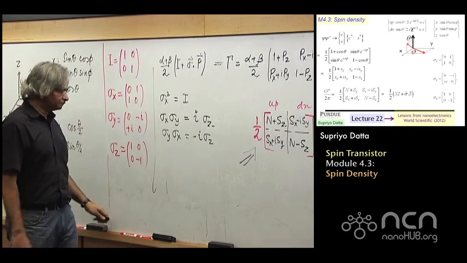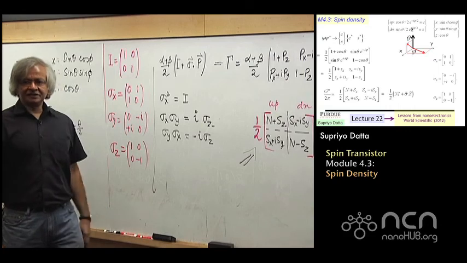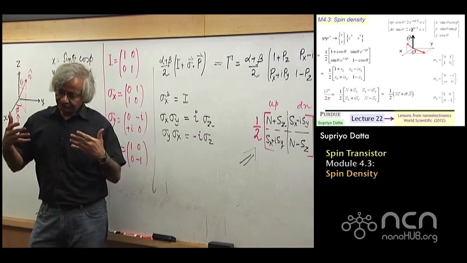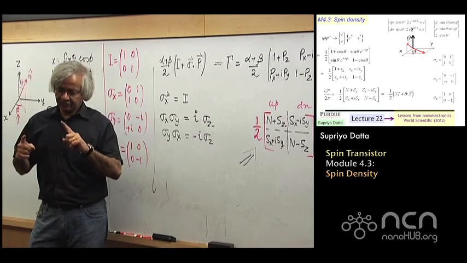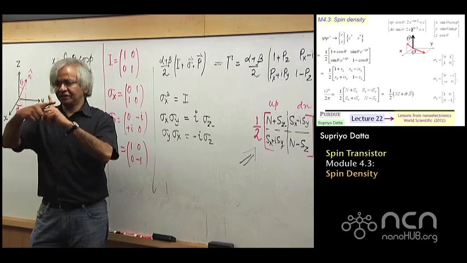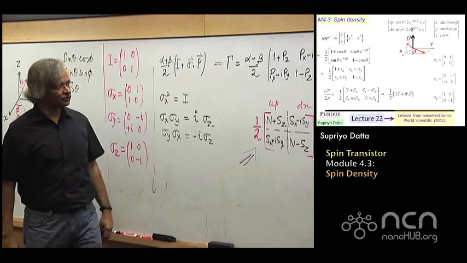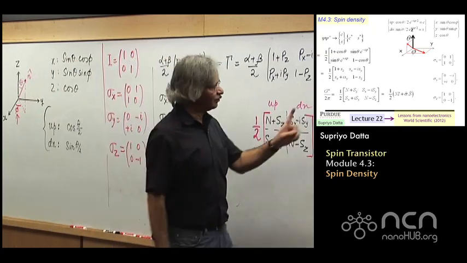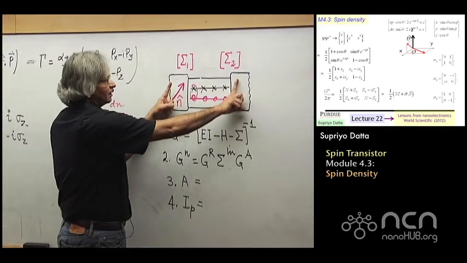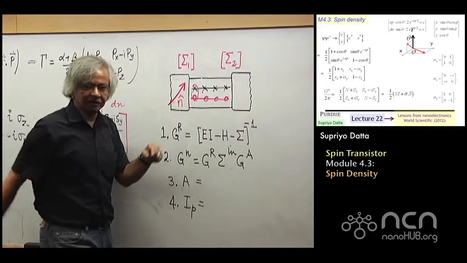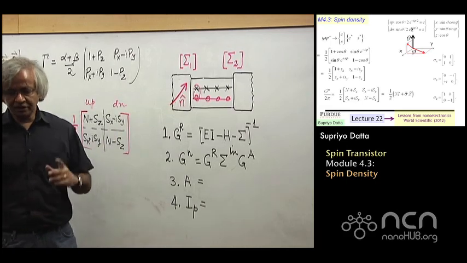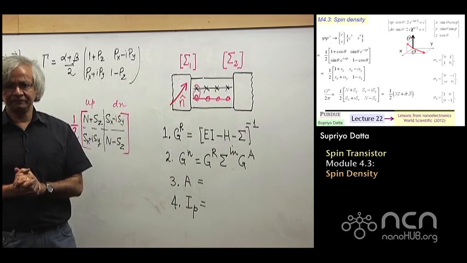So for example, one of the things I said earlier: when you have a spin polarizer and an analyzer, that is, if you have two contacts, one this way and the other in some other direction, then the amount of current or electrons that will go through is cosine squared of half theta.